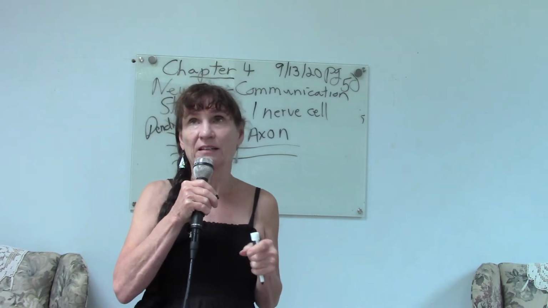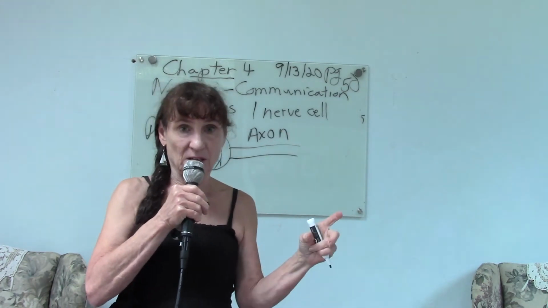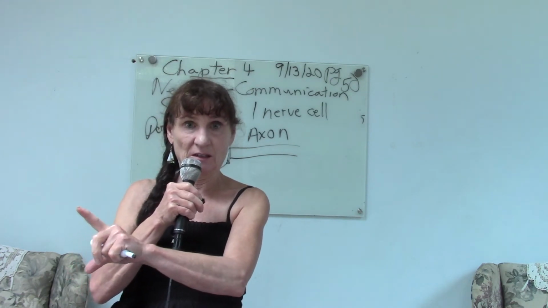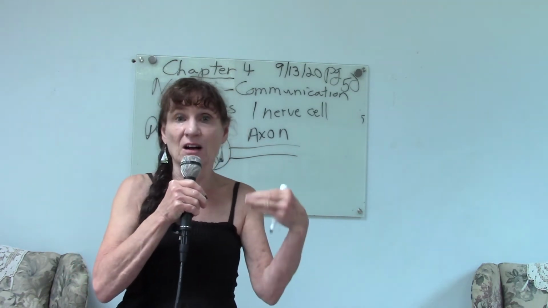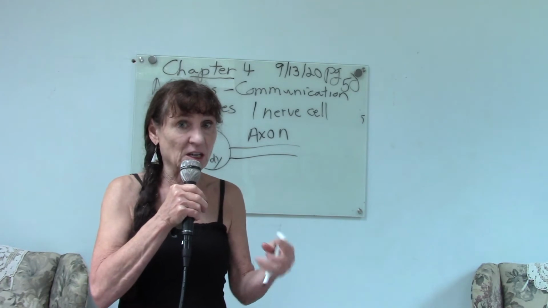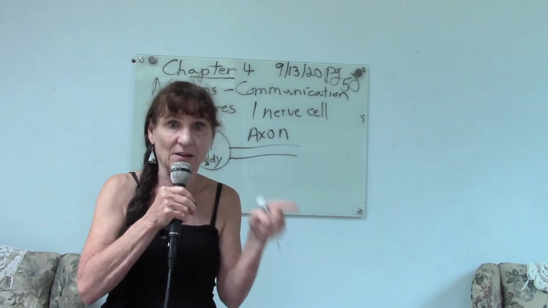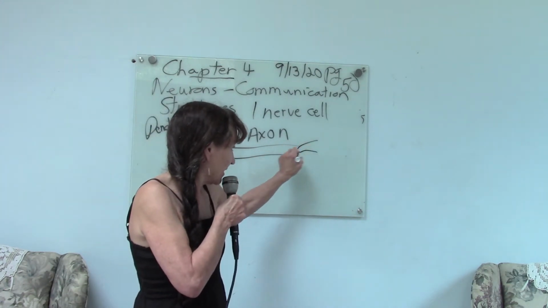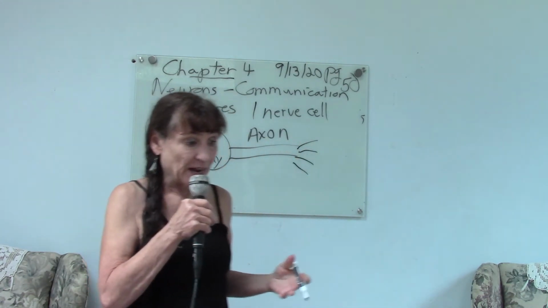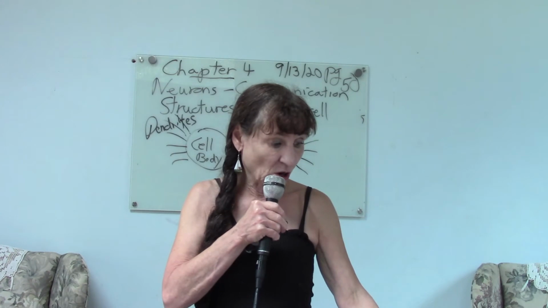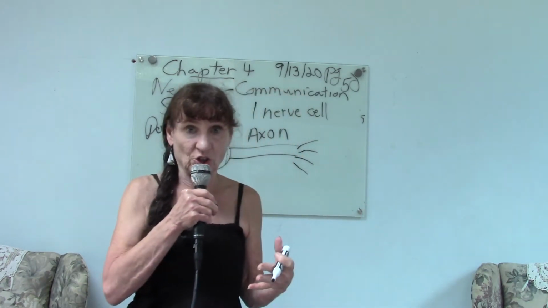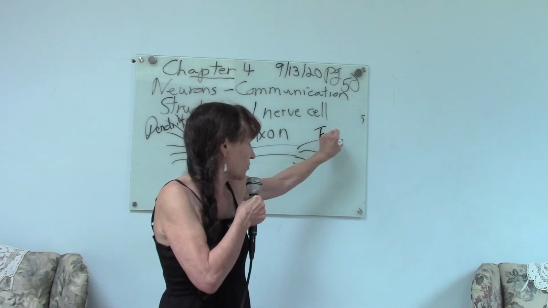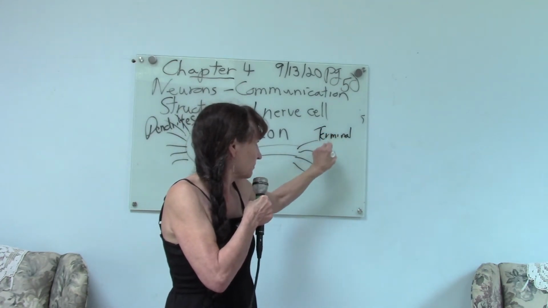Your book likens it to having a basketball with a 2-mile rope attached to it. So the axons can be different lengths, but all neurons have axons. At the very end of the axon, your book calls it the terminal branches. You'll see it called other things in different psych books.